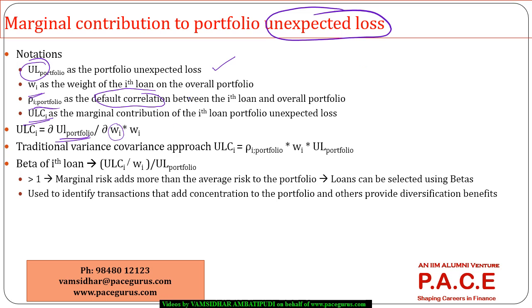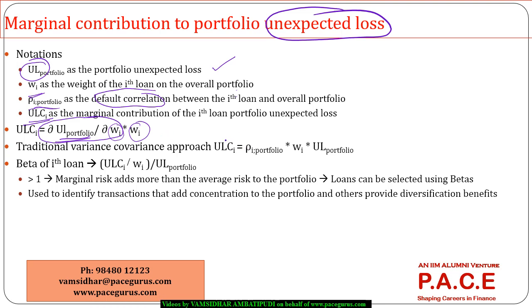So once you find ∂UL/∂W_i, which now becomes the slope, multiply this slope with W_i to get the marginal contribution of the ith loan in the portfolio to the overall unexpected loss of the portfolio.